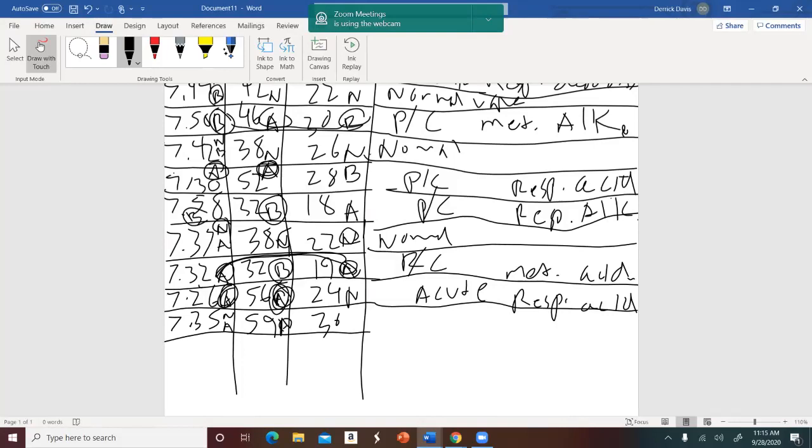And then a bicarb of 30, 22 to 26 is normal, and this is above 26, so this is basic. All right, so I have a normal pH, and the other two values are off, so I have a chronic something, or compensated something.